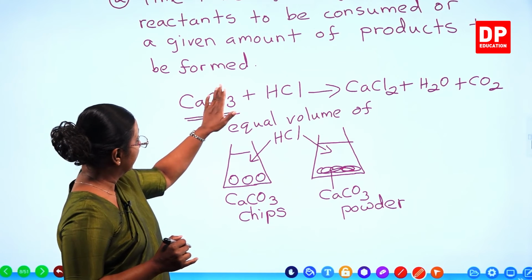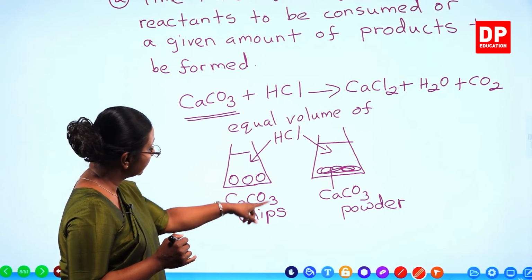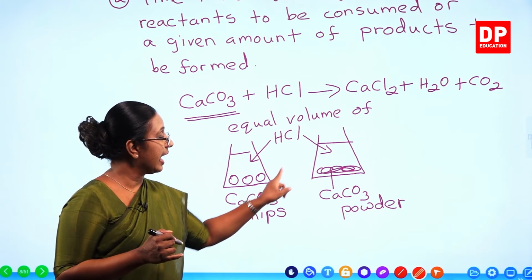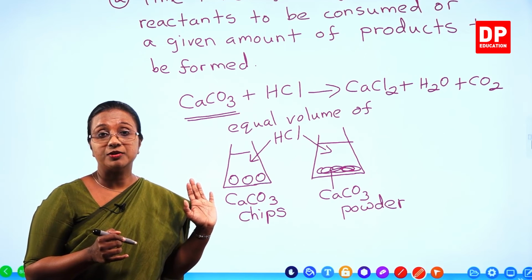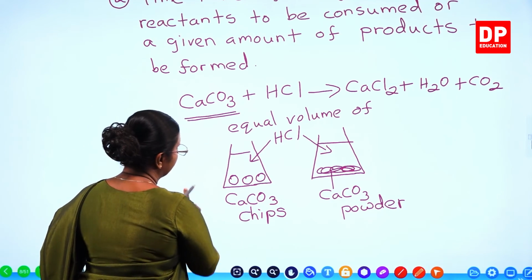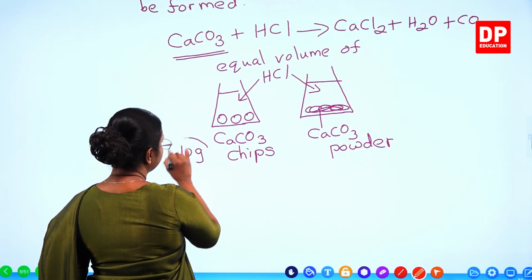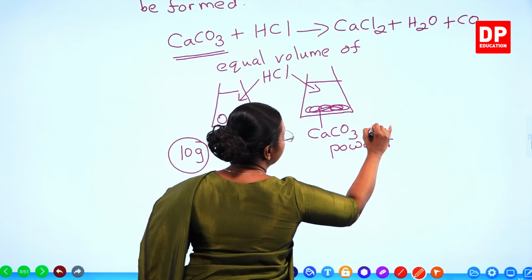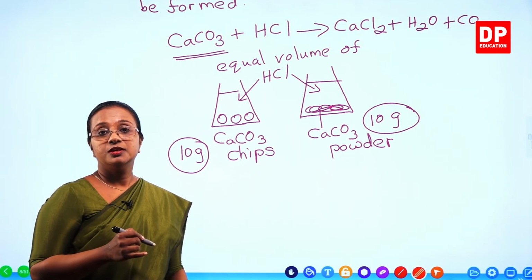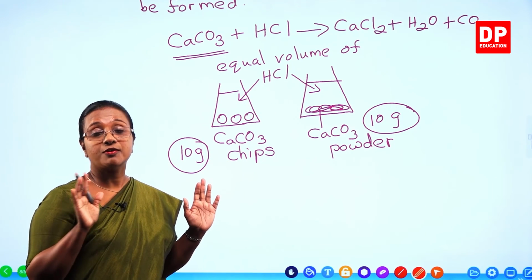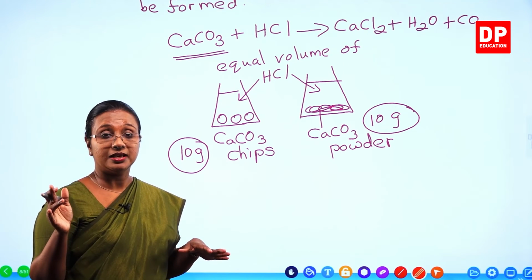We have a given amount of substance. Now then, calcium carbonate chips and calcium carbonate powder should be of equal amount. So let's say we take 10 grams of calcium carbonate chips and 10 grams of calcium carbonate powder. So a fixed amount of the reactant, but we will measure the time taken.